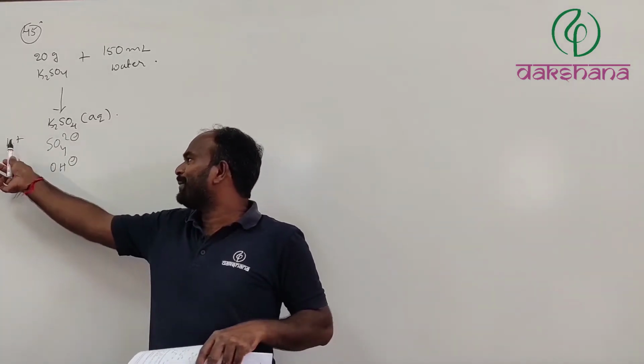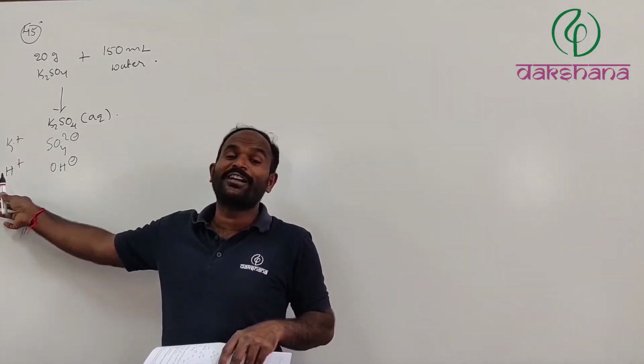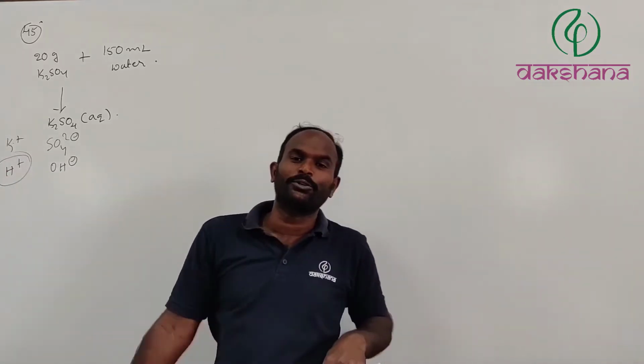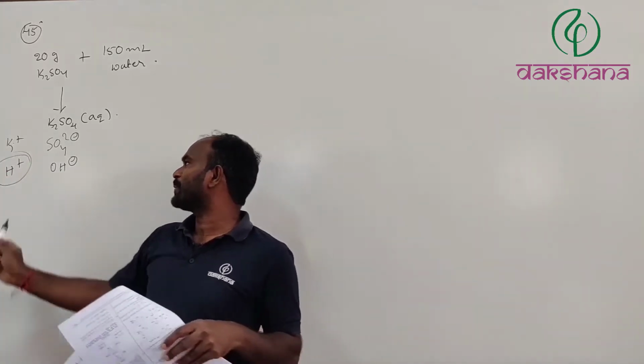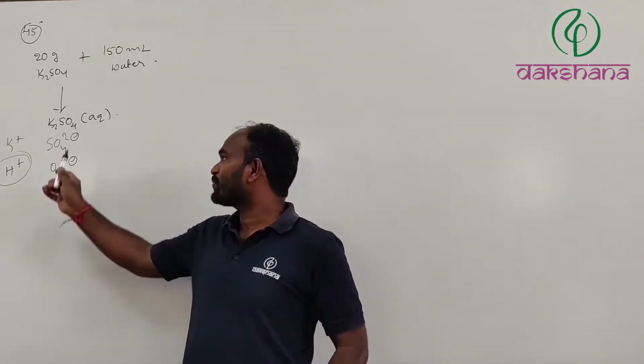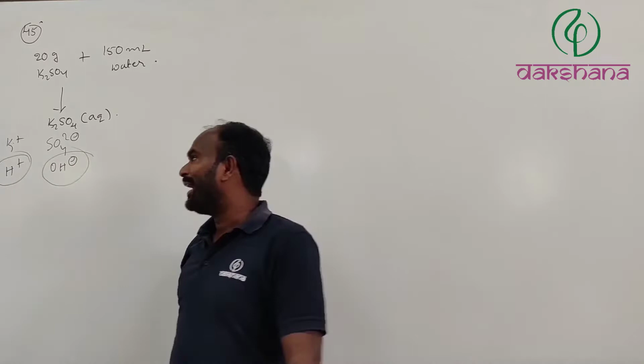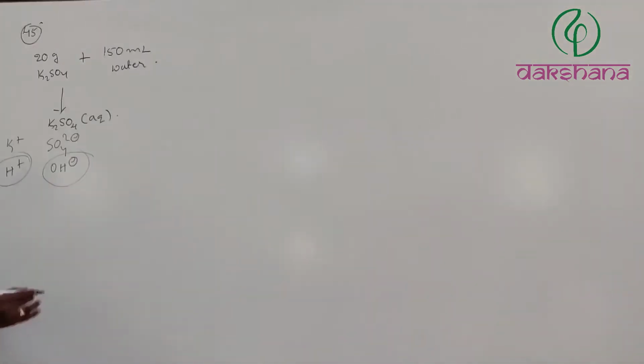Among these two cations, K+ as well as H+, according to the preferential discharge theory, H+ is going to migrate towards the cathode, and hydrogen gas is going to be released. SO4^2- and OH- are going to come to the anode, and OH- is going to be discharged first.